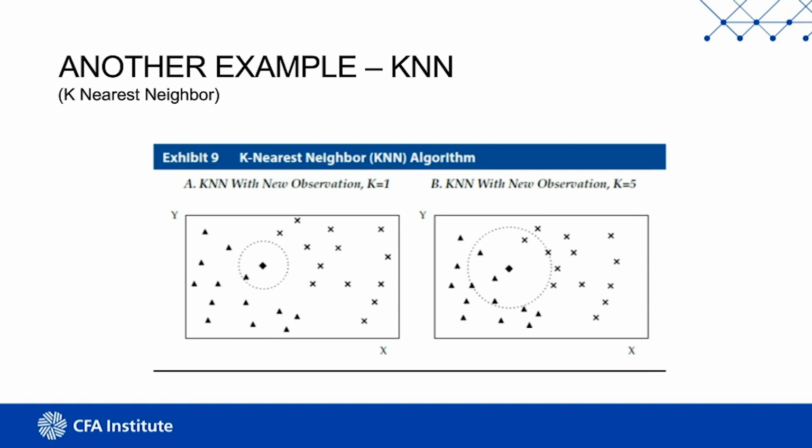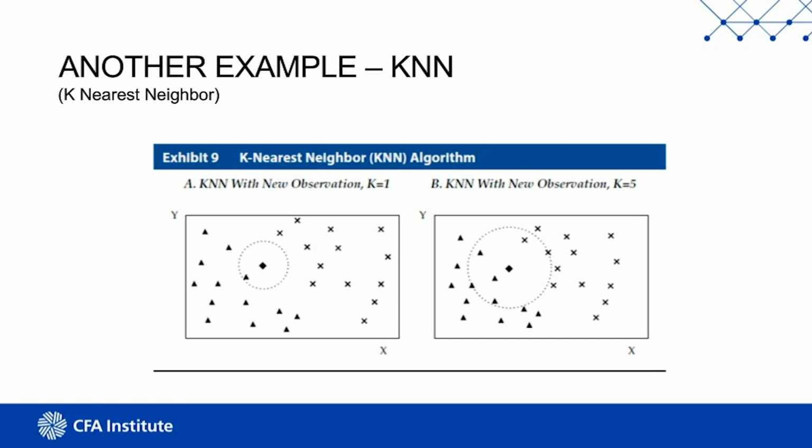And we simply expand a circle from that observation and pick up neighbors. So it's the nearest neighbors, and a key decision is how many neighbors. K is the number of neighbors. So on the left-hand side, you can see with one neighbor, you just find which is the most similar other observation. And in this case, it's that triangle just to the below left of it.